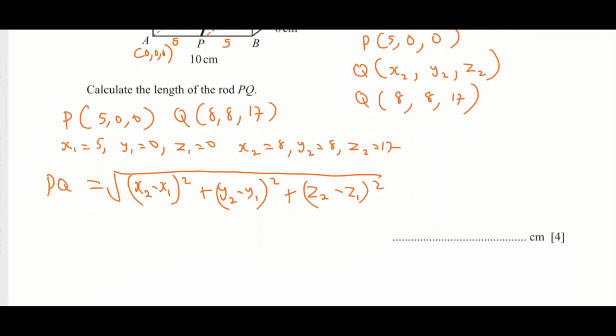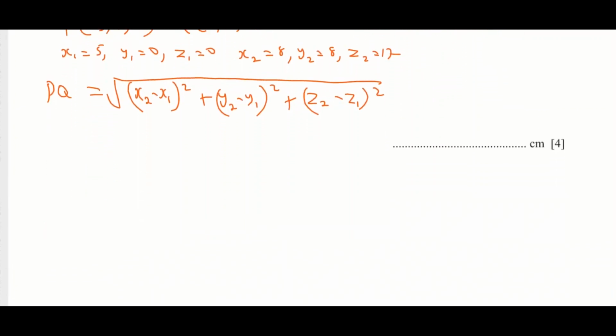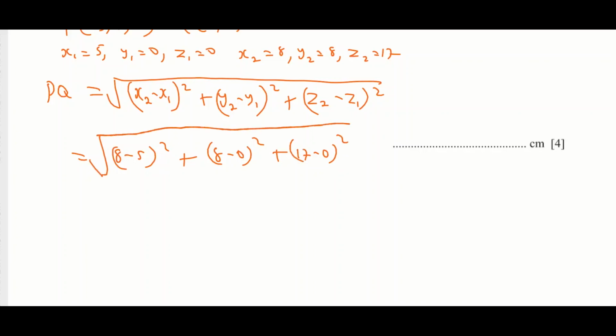So if I do that, this will be equal to 8 minus 5 squared plus 8 minus 0 squared plus 17 minus 0 squared, everything under the square root.